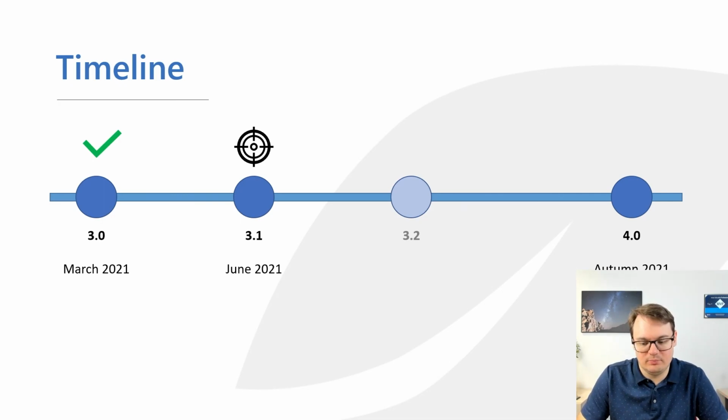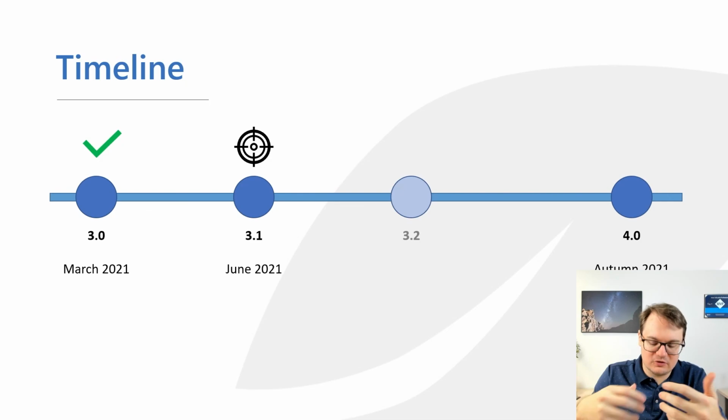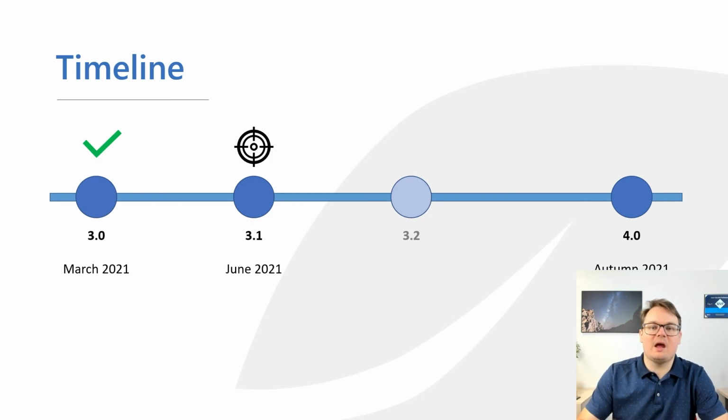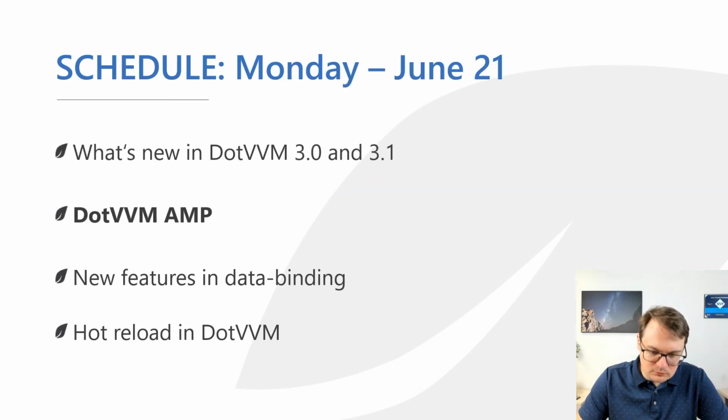But in total, I think that one of the biggest features we plan for DotVVM 4.0 is almost ready, and we are now looking for other features we want to squeeze in. But if we have enough features that we think it's a good idea to release a major version, we will do it. So you can expect DotVVM 4.0 pretty early. So that's about the news in DotVVM 3.0 and 3.1.